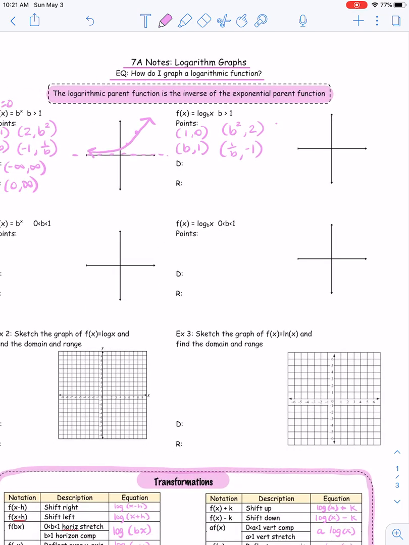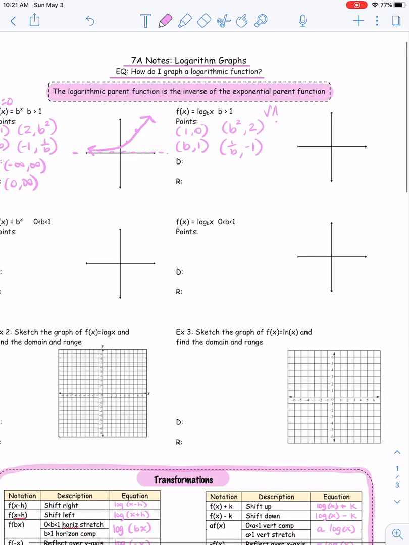And instead of a horizontal asymptote, now we're going to have a vertical asymptote. Our vertical asymptote is going to be at x equals 0. Here it is. So I can plot the points (1, 0), (b, 1), (b squared, 2), etc., and so we get this shape for our logarithmic function.